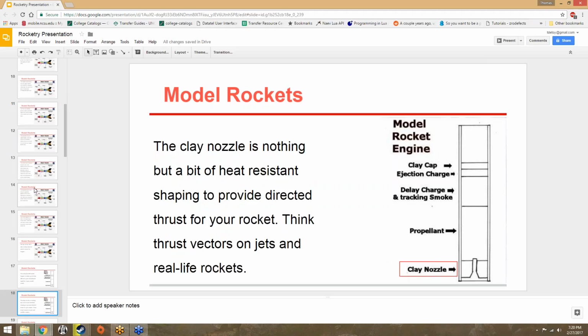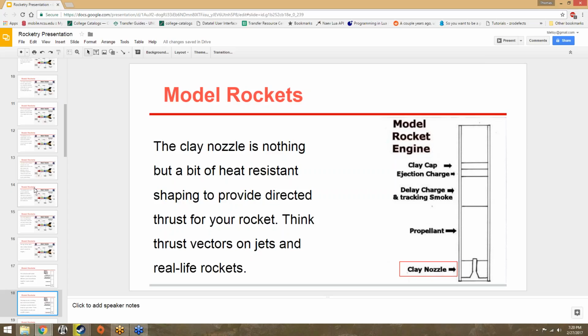There's really not much to it. It's just clay, so it's heat resistant and shaped in order to provide directed thrust for your rocket. So you might want to think of thrust vectors on jets and real-life rockets, or the nozzles on rockets.